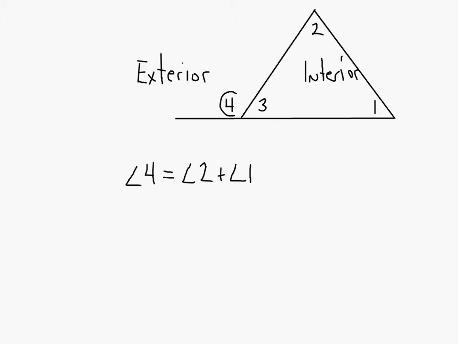This angle is equal to the sum of this one and this one. Angles 2 and 1 are called remote interior angles in relation to angle 4.